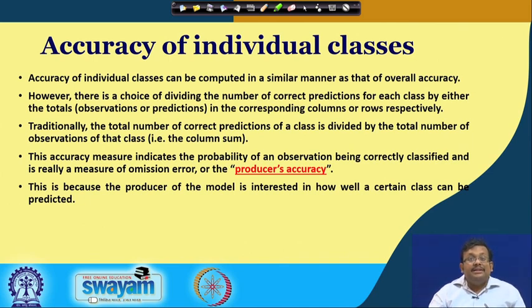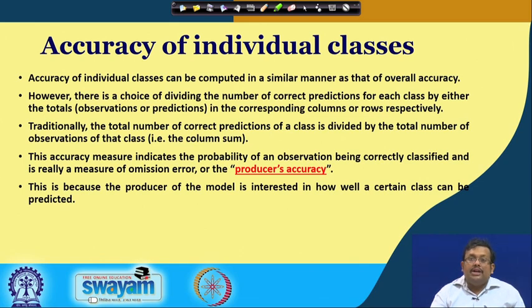This accuracy measure indicates the probability of an observation being correctly classified, and it is really a measure of omission error, or the producer's accuracy. This is because the producer of the model is interested in how well a certain class can be predicted. So, this is called producer's accuracy. Again, the producer's accuracy is computed when the total number of correct predictions of a class is divided by the total number of observations of that class.